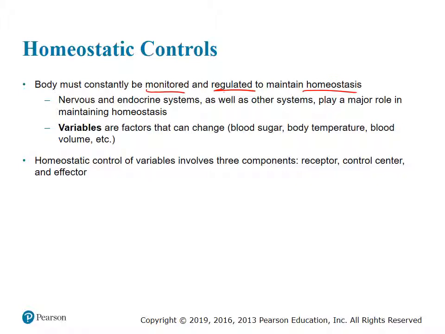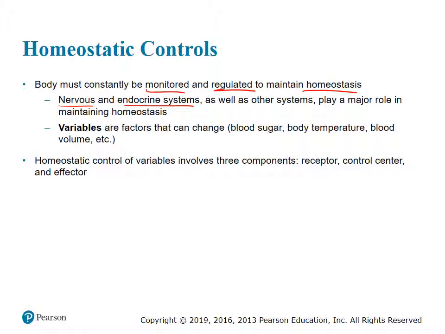It doesn't matter in any of those organ systems, okay? So who plays a major role? We actually have two organ systems that play a major role in maintaining homeostasis, although everybody else plays a role as well. The nervous system and the endocrine system. Those two play major roles in maintaining this homeostasis.